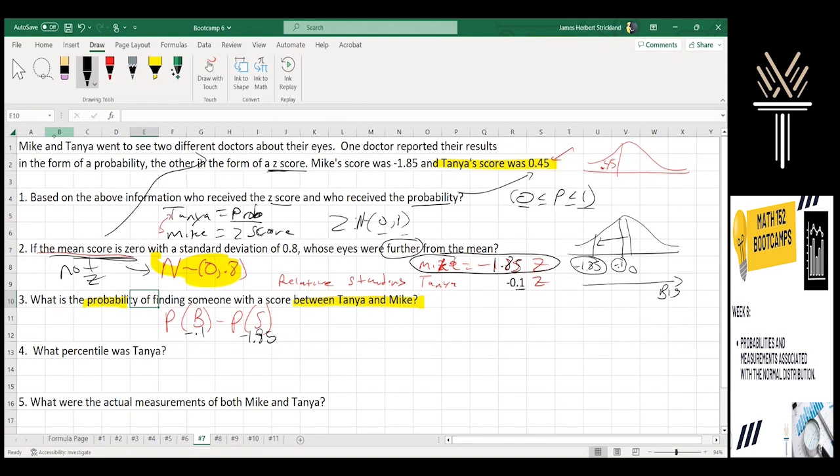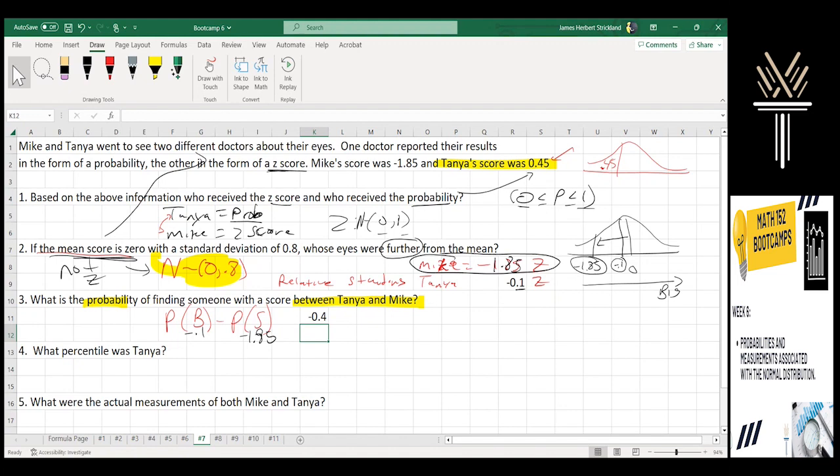Well, let's just say we messed up and we put the wrong number first. We didn't think about it. Negative 1.85 looks bigger. So let's just say we put the wrong number first. This negative 1.85, given that the z world is 0 and 1, always true, minus the other calculation, NORM.DIST, negative 0.1, 0, 1, always true.